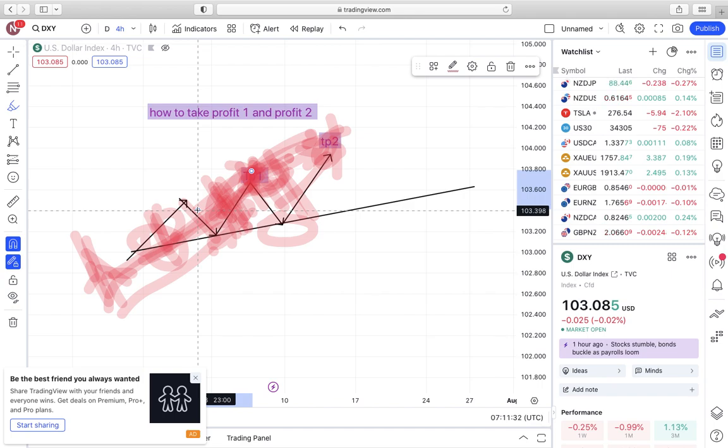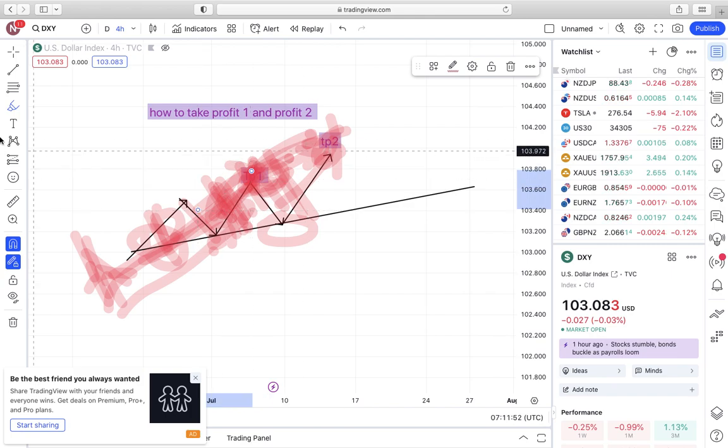Now you are not worried about the market, because when it reverses against you, you will be very okay, since you shall have secured your TP1.